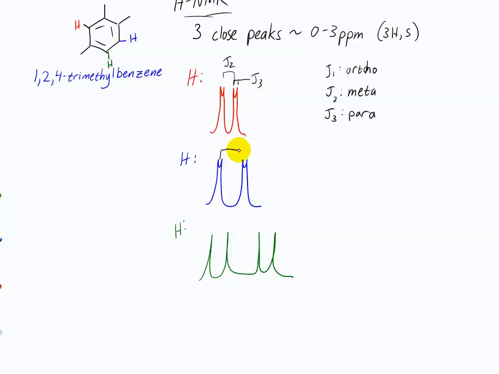And this big one is J1 from ortho. Again, J3 from para-splitting. And then what we see down here, even though it's not to scale, this is J2 from the meta-splitting. And this is J1 from the ortho-splitting.